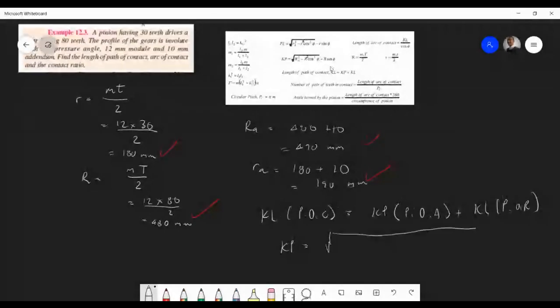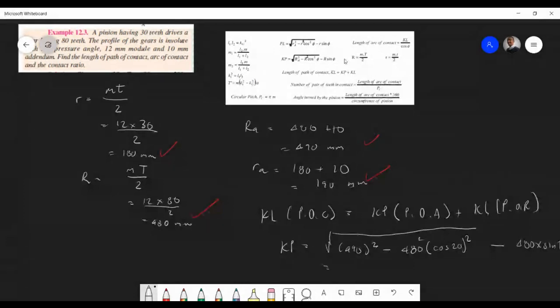What is KP? We all know what KP is. So your big addendum 490 squared minus 480 squared, luckily we have to work in millimeters, so that's nice, cos pressure angle squared, and obviously outside that bracket we have big R, which is 480 times sine 20.